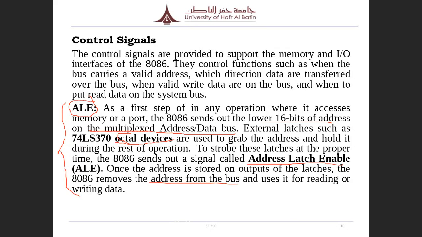To activate these latches at the proper time, the 8086 sends out the control signal called address latch enable. Once the addresses are stored on the output of the latches, the microprocessor removes the address from the bus. Now the multiplexed bus will not be used for address anymore. It is used for reading or writing data.